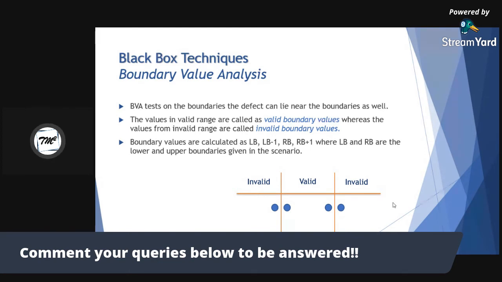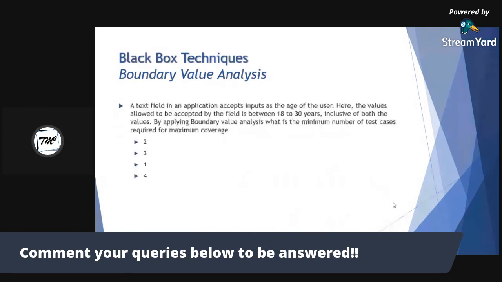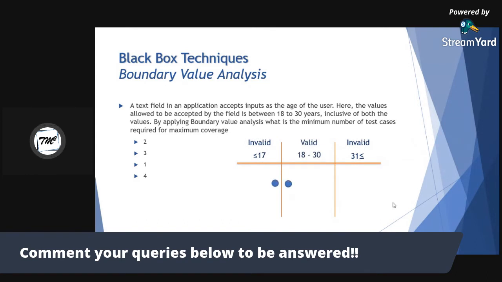So, for example, if your range is 18 to 30 years, and they specify 2-point value, then the answer will be 17, 18, 30, and 31. But if they specify we want 3-point boundary values, then the answer will be 17, 18, 19, 29, 30, 31. So we say on the boundary, in the boundary, outside the boundary.